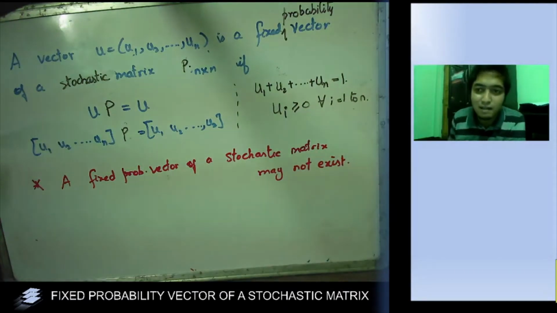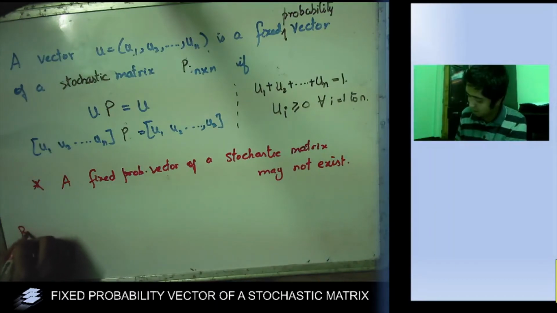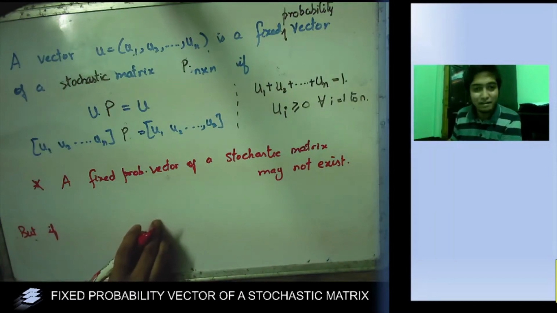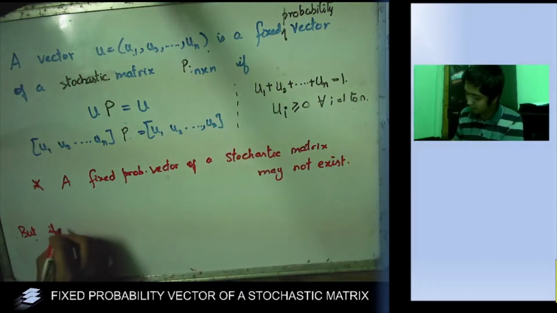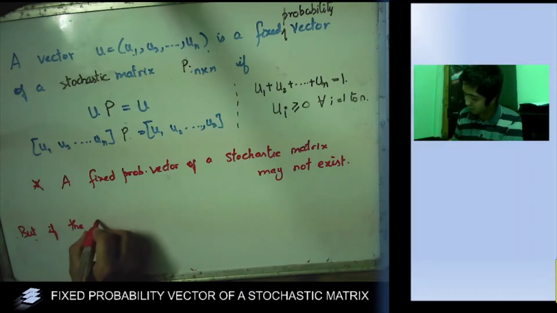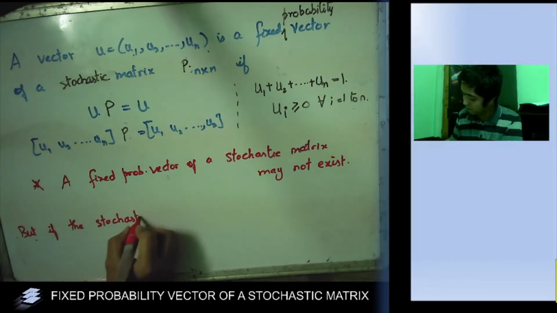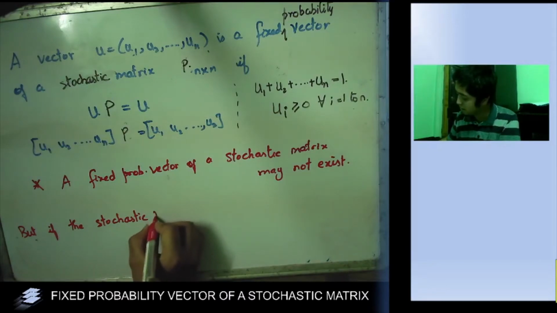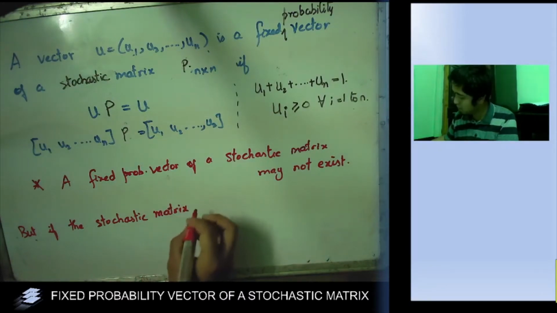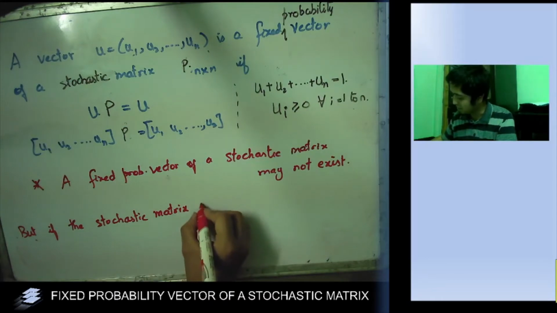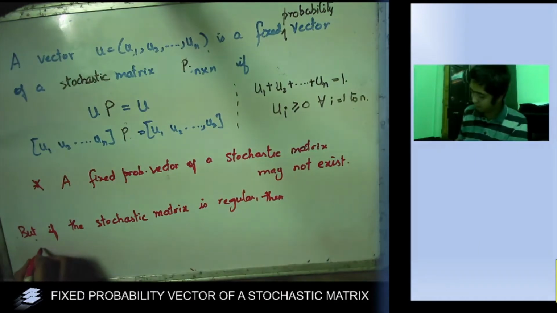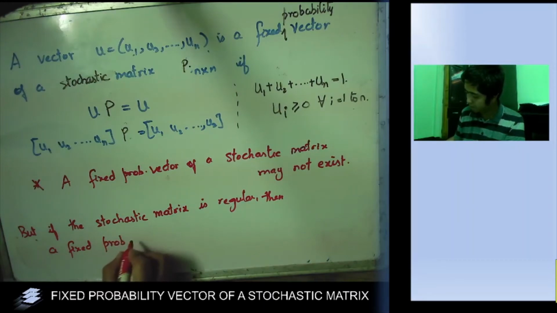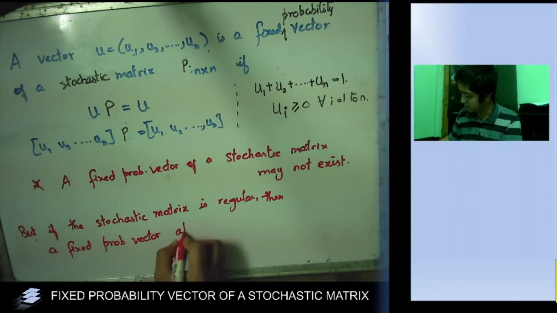But if the stochastic matrix is regular, that is, a regular stochastic matrix, then the fixed probability vector always exists.